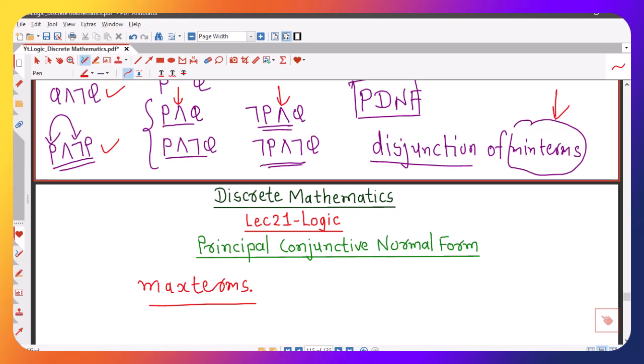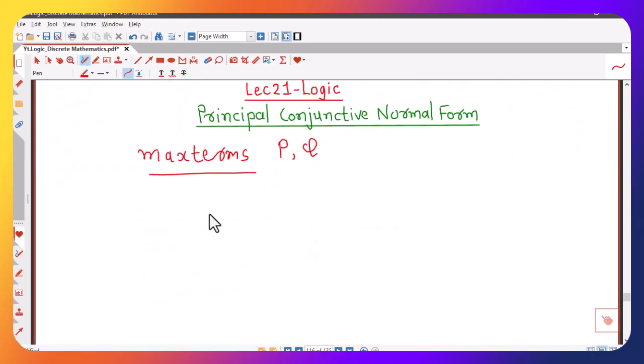Similarly for max terms, we consider a variable or its negation, and instead of the AND operator, we will use the OR operator. So if I have two variables p and q, I replace AND by OR and obtain 4 possible max terms, that is, p or q, then p or negation q, negation p or q, and negation p or negation q.